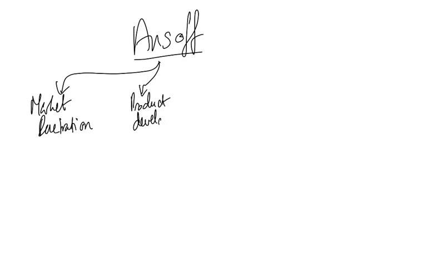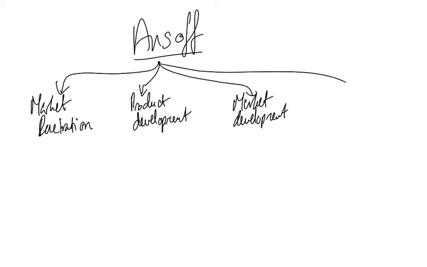It might decide to adopt product development. So staying with its existing market, it may decide to bring a new product to bear in that market. It may adopt market development, which is where it takes a product that it already has and attempts to establish a new market for it.